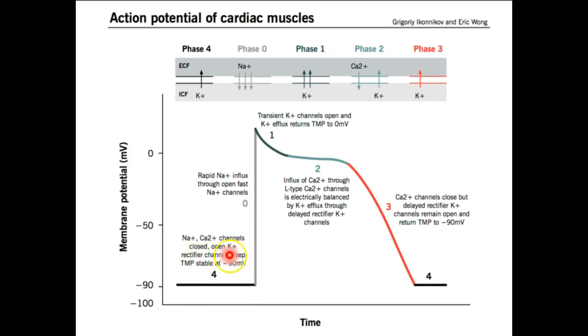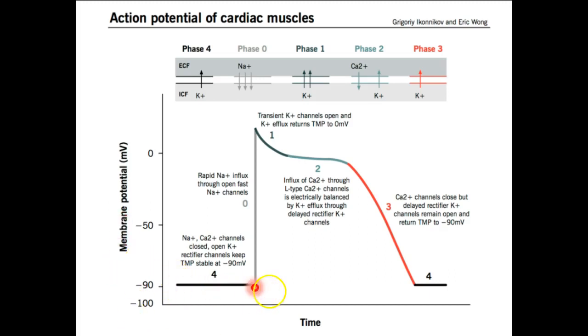Now, potassium is a positive ion. -90 means we're in a very negative environment. If you put a whole bunch more potassium, positive, into this environment, is it going to make the environment more positive or more negative? More positive, which depolarizes that membrane.